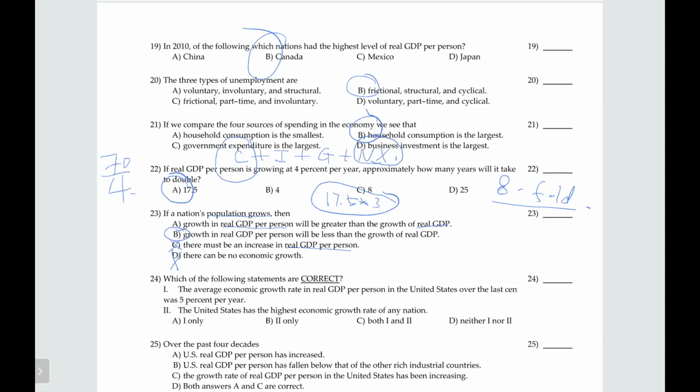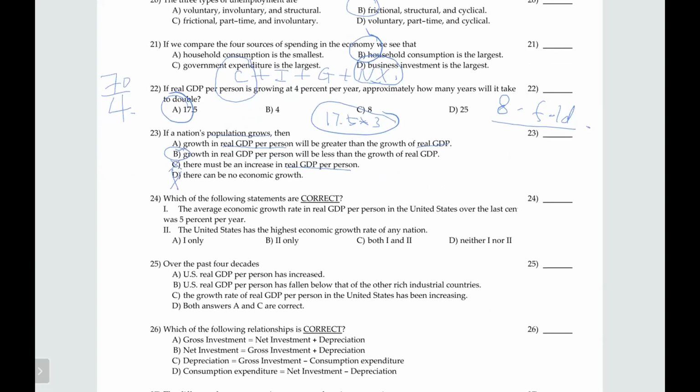Now let's move to the next one. Which of the following statements are correct? A, let's go one by one. One, the average economic growth in real GDP per person in the United States over the last century was 5% per year.